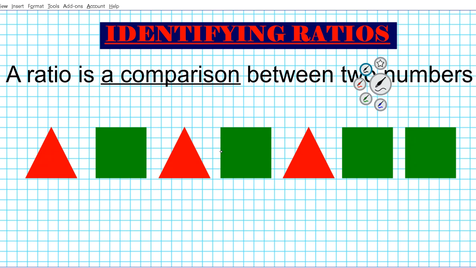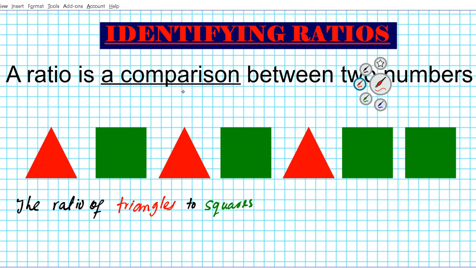So we're going to write this using ratios. The ratio of triangles in red to squares in green is what? So what is the ratio of triangles to squares? Well, let's count the number of triangles that we have here. We have 1, 2, 3.